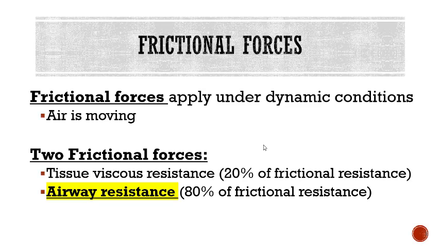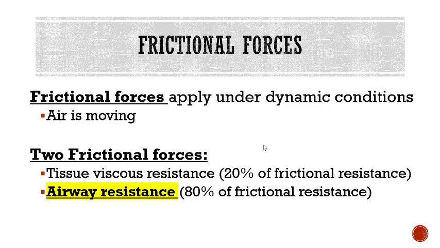Frictional forces only matter during dynamic conditions, when the air is actually moving, which we talked about previously for the dynamic compliance. The two frictional forces that we talked about were tissue resistance, or frictional resistance with tissues moving.